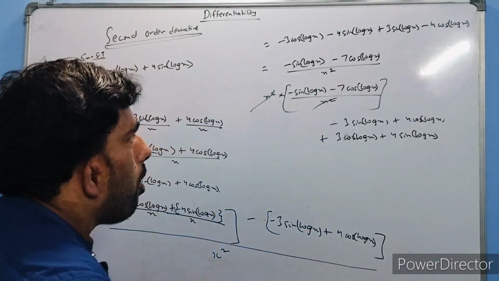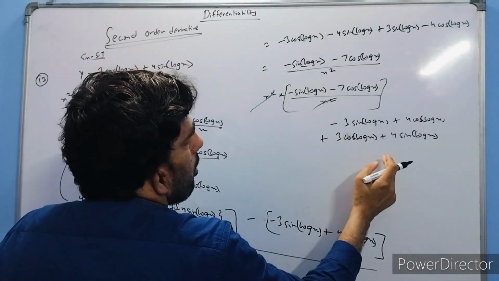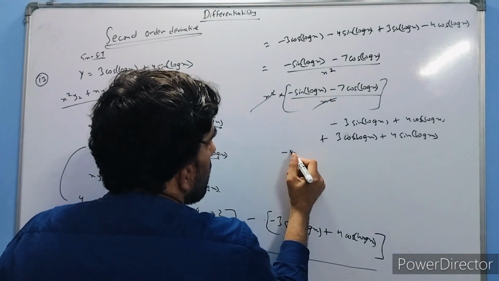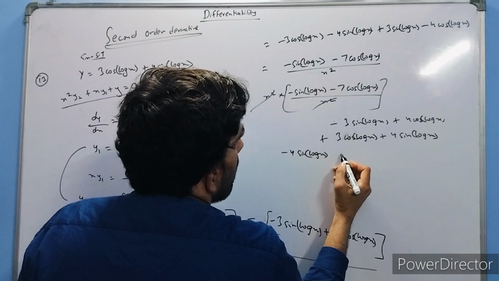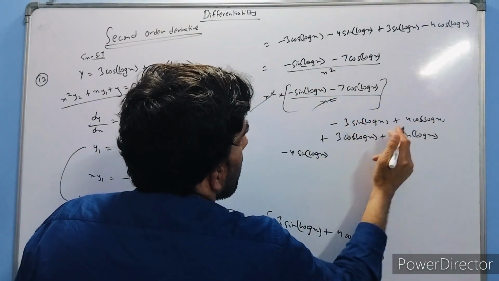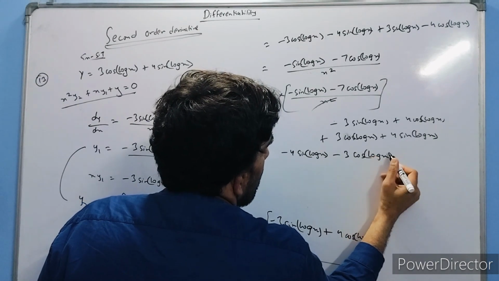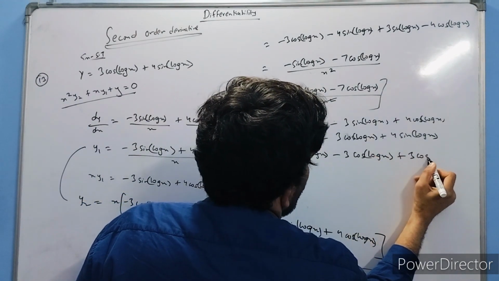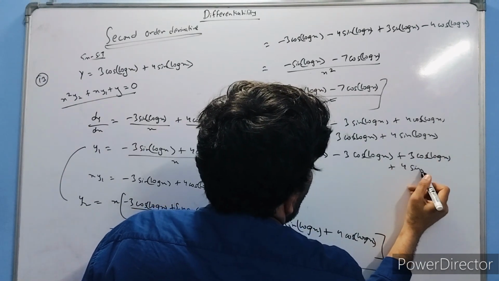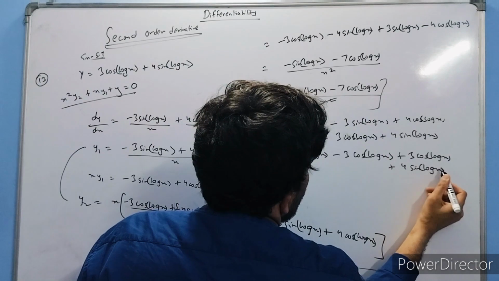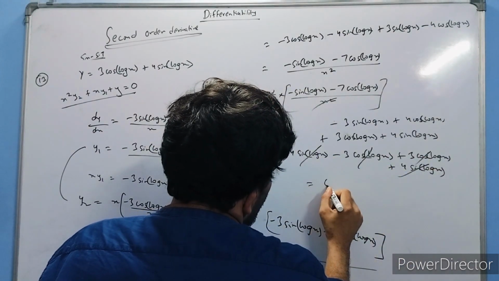If I solve this, minus sine log x minus 3 sine log x will be minus 4 sine log x. Then minus 7 plus 4, we have minus 3 cos log x plus 3 cos log x plus 4 sine log x. So it will be reduced and we got 0.